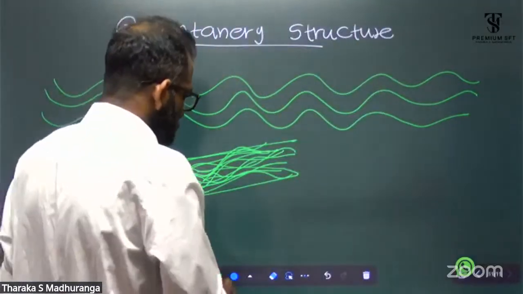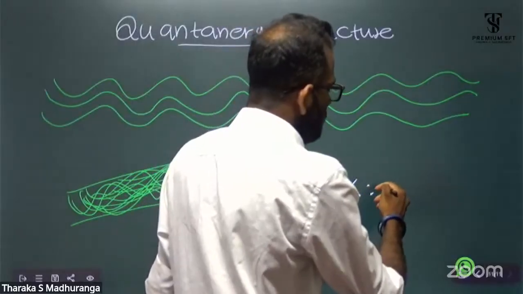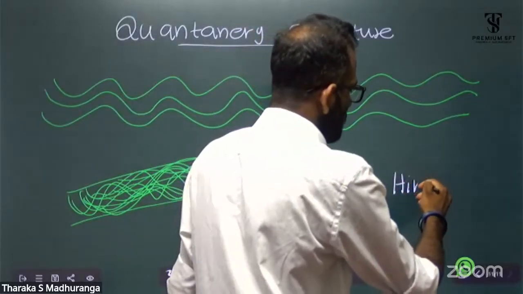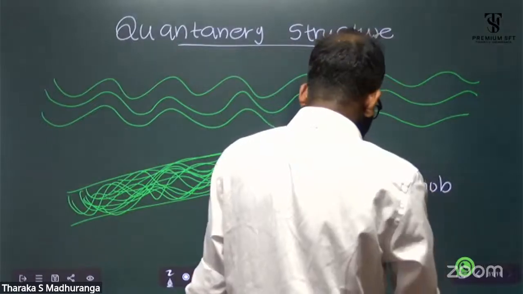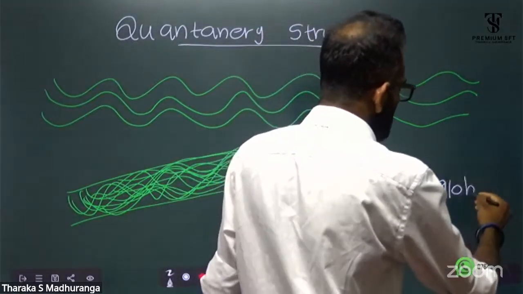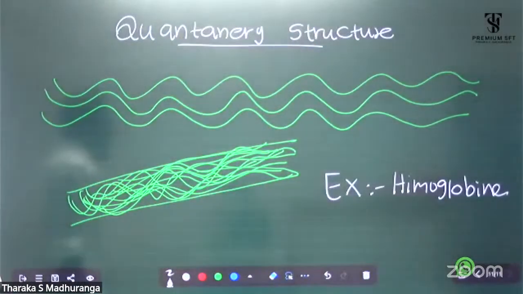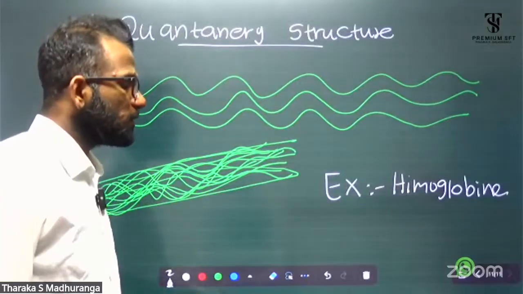Quaternary structure. Example, hemoglobin. Where can we find hemoglobin? In our blood. Yes, in our blood.